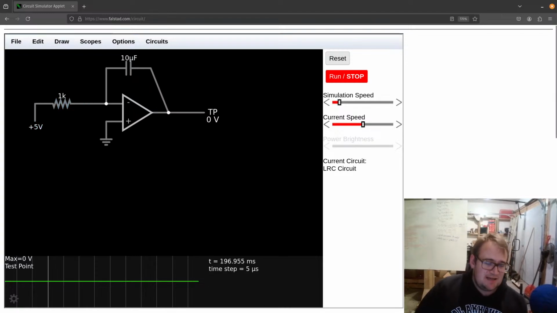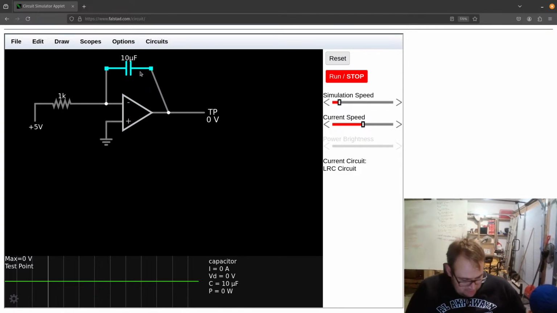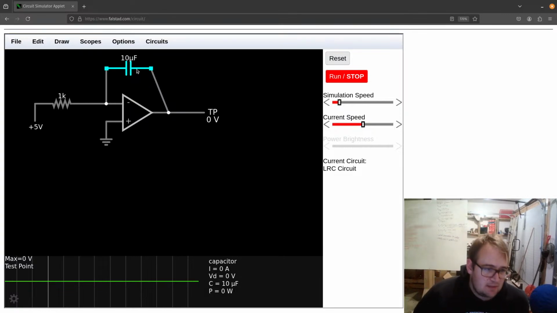So what's going to happen is that this 5 volts is going to be applied here. Now, no current will flow into this input right here because of our golden rules. So that means that this will charge this capacitor. Now, when it charges that capacitor, this voltage difference will increase.